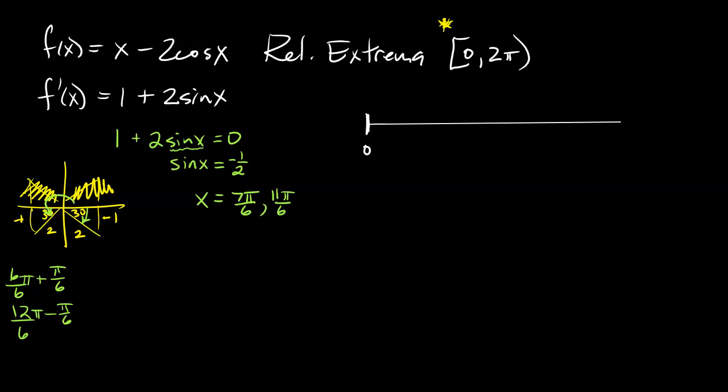This number line goes from 0 to 2 pi. Now, if I were to draw this, kind of scaled correct, 7 pi 6 is right here-ish. 11 pi 6 would be over here-ish. Now, you don't have to make them to scale. I'm just kind of doing that for your benefit.